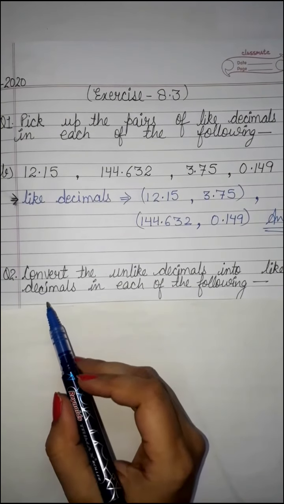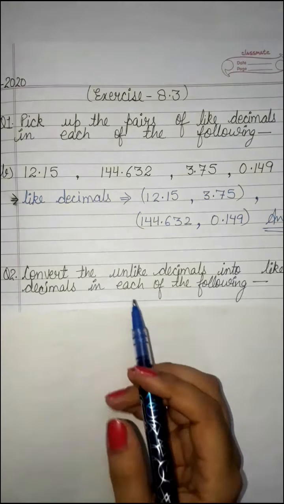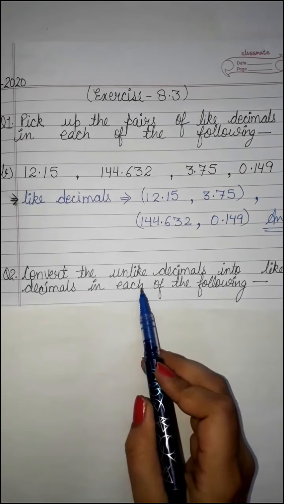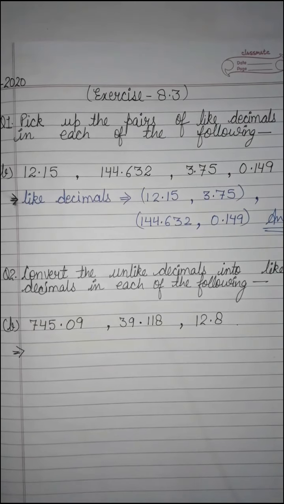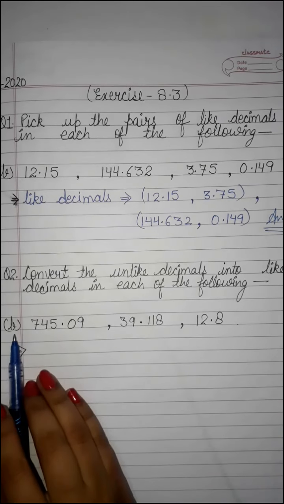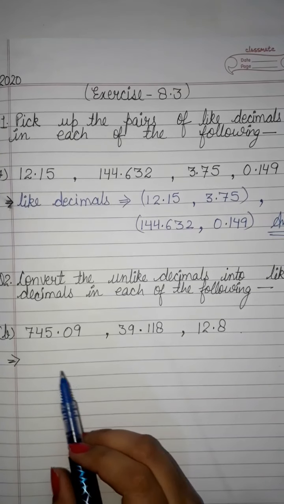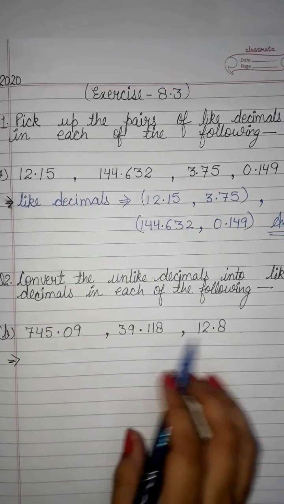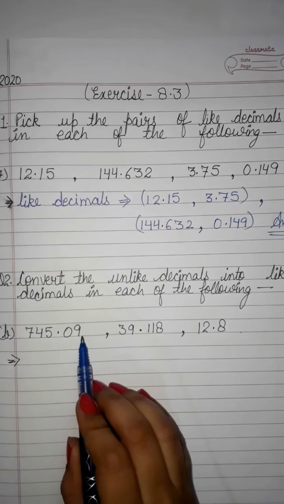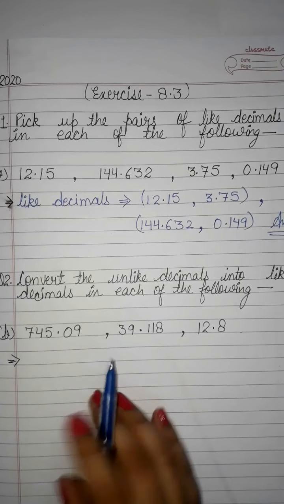Children, now see question number 2. In this we have to convert the unlike decimals into like decimals. So I have written the B part. Children, one thing you remember: when you write many decimal numbers in a line, just leave proper space in between. Okay.